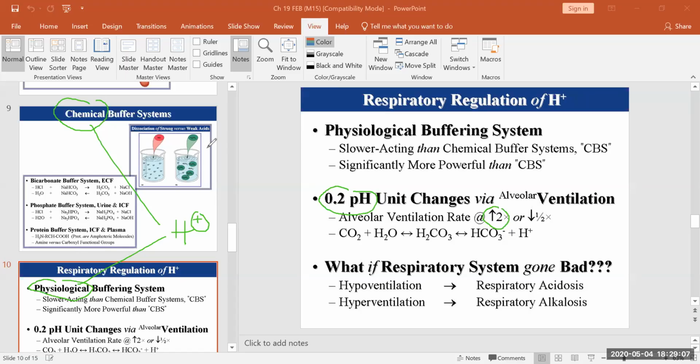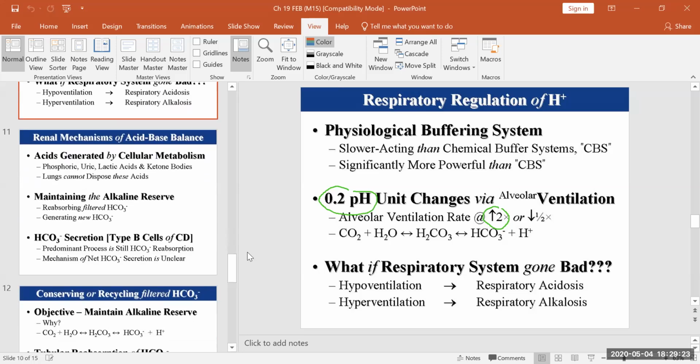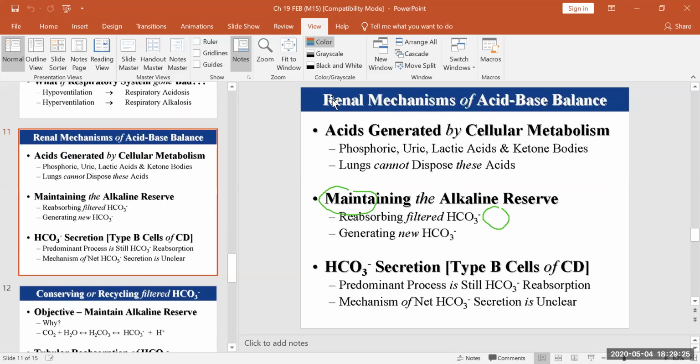which leads us to basically the last two slides. So the renal mechanism of acid-base balance.